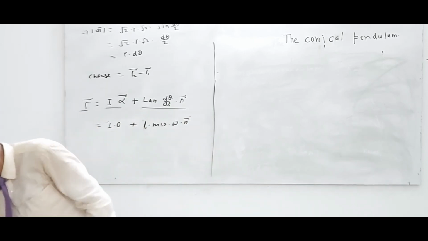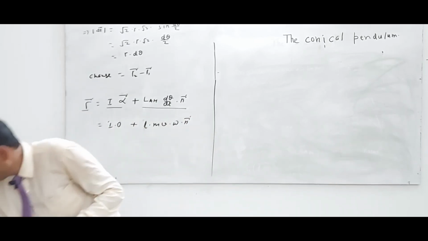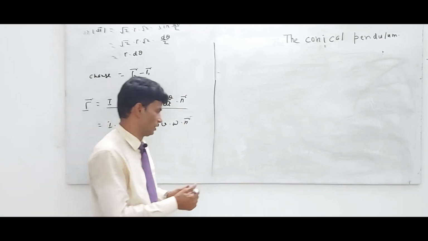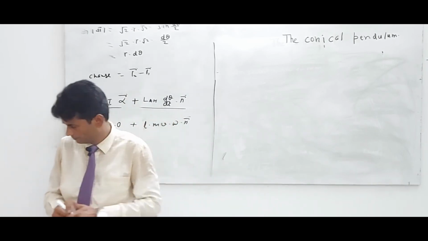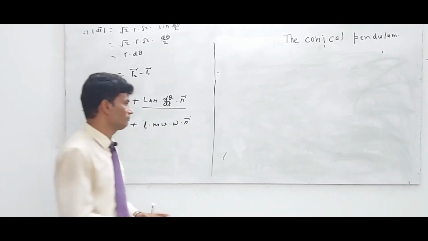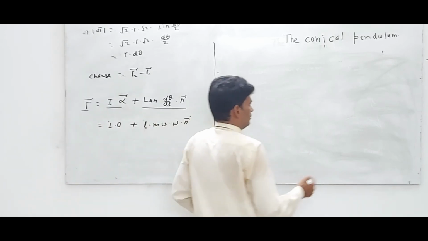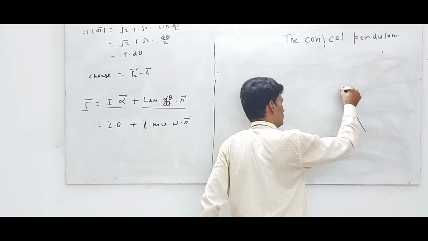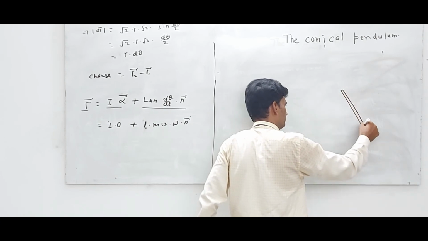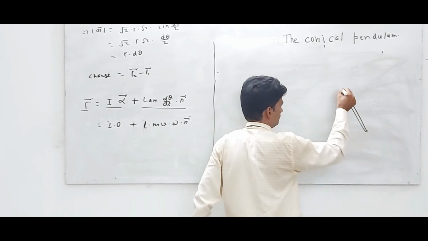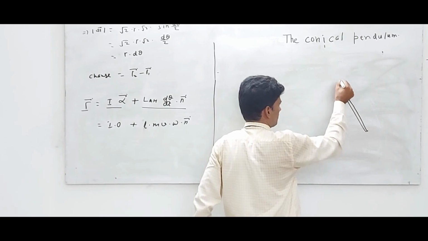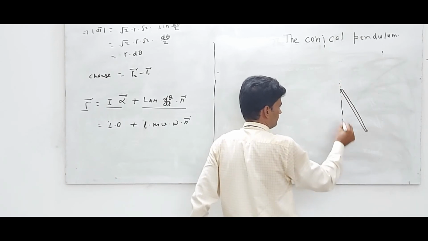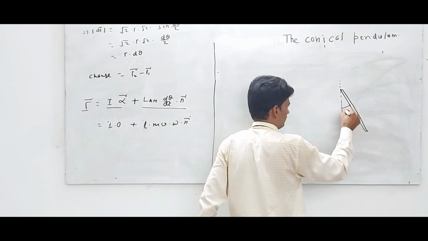How can one find this? Look at here, how we are able to find this one. So this is the rod. This is the point of suspension. So this is the angle alpha we have to find.